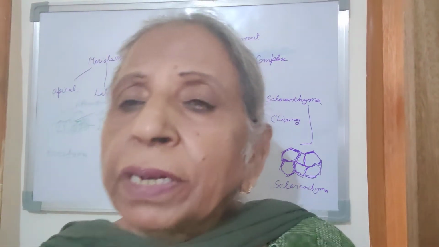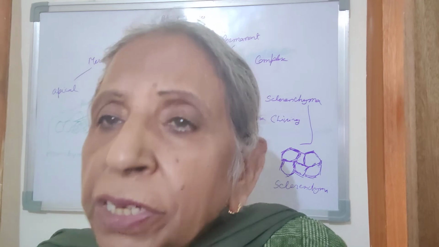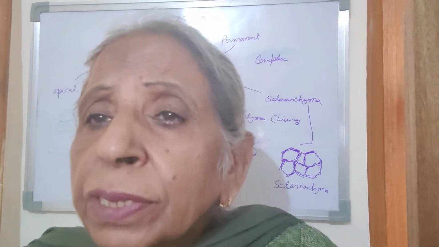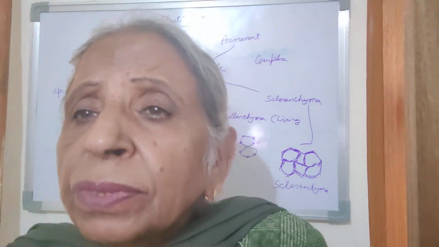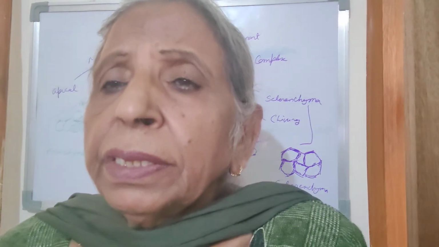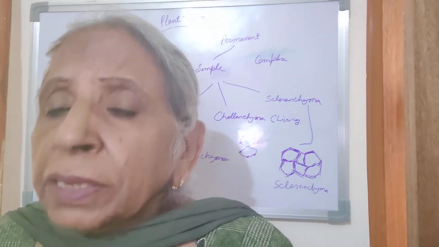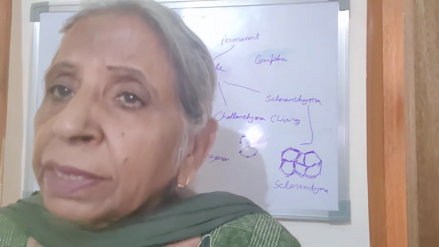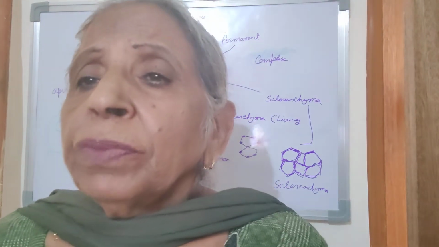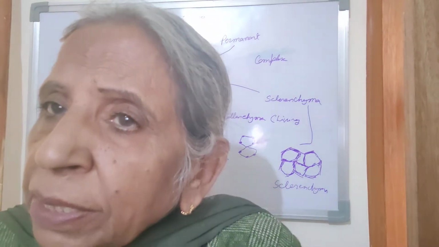They protect the plant from external pressure, winds, storms, and from external fungi or any other material attacking the plant. They provide hardness to the plant wall. They are present around the vascular bundles.